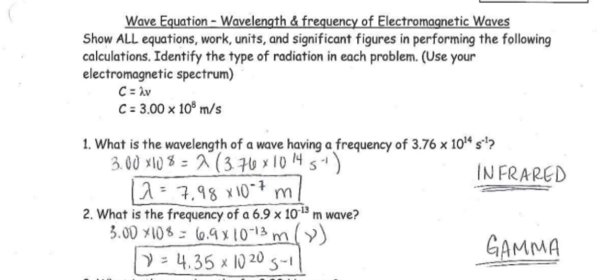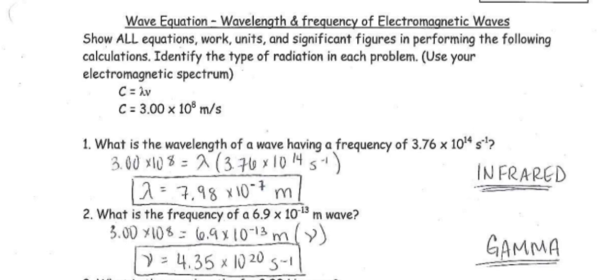Let's substitute also the frequency, 3.76 times 10 to the power of 14 s negative 1. So by dividing the two, we get our answer, which is 7.98 times 10 to the power of negative 7 m, which is the wavelength. So that's the final answer.